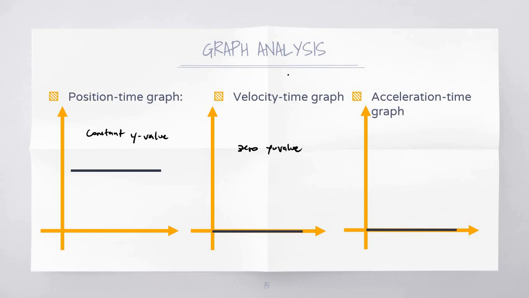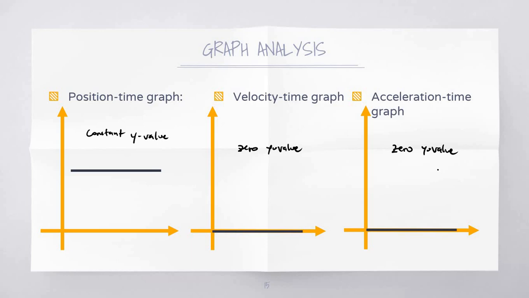Since there is no velocity at all, definitely acceleration would also be 0. Okay, but again, time doesn't stop. Time always moves forward. So still, the only thing that's 0 is the acceleration, which is the y value. Alright, so that's how we interpret graphs in this context.